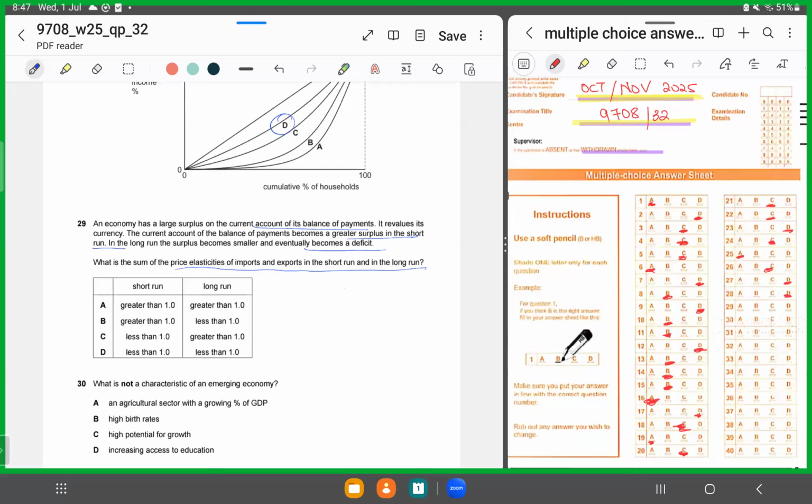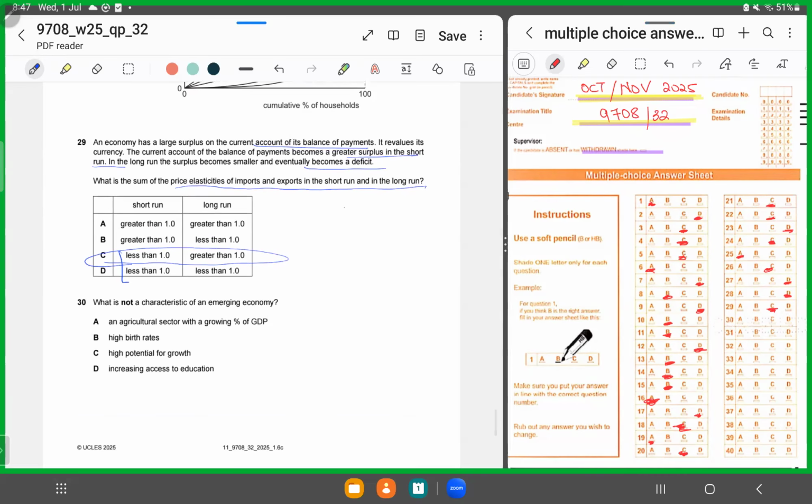So the sum of the price elasticities has to be inelastic, less than one. So it could be C or D. In the long run, it worsened. So it means it was elastic. It responded, right? So it has to be C then. So 29 will shade in C.